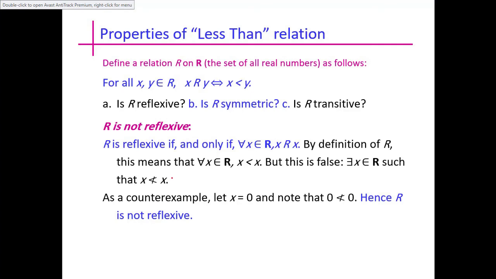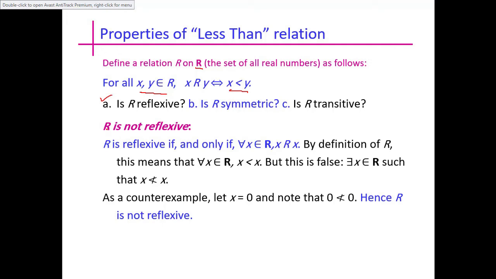Now here is a relation defined on real numbers, and we have seen this relation that x is related to y whenever x is less than y. So the first question is, is R reflexive?